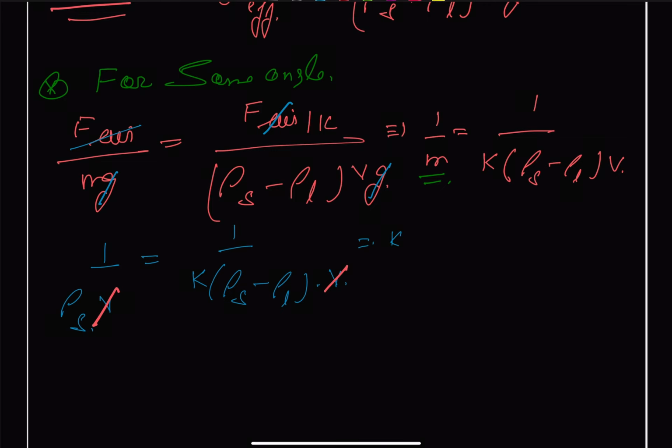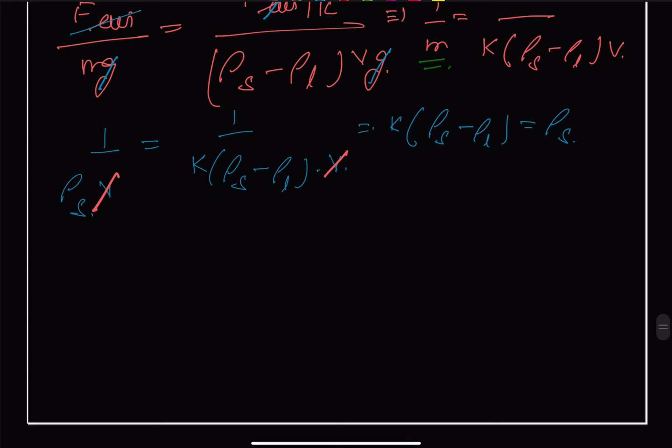So we can write K multiplied by density of sphere minus density of liquid is equal to density of sphere. So we open the bracket, we get density of the sphere multiplied by K minus density of the liquid is equal to density of sphere. So we get that density of sphere multiplied by K minus 1 is equal to K density of the liquid.